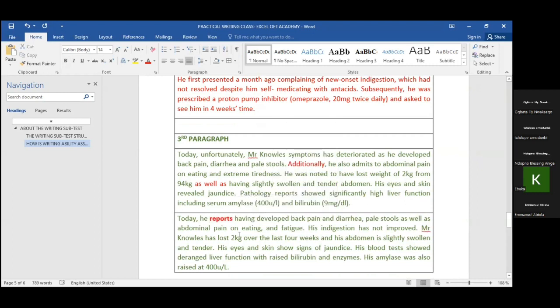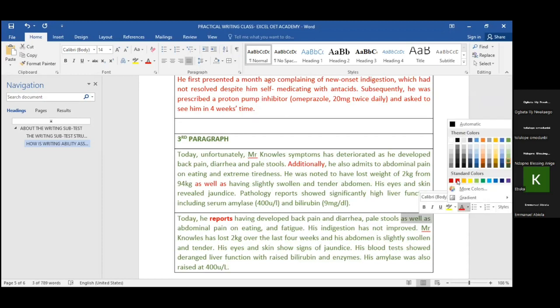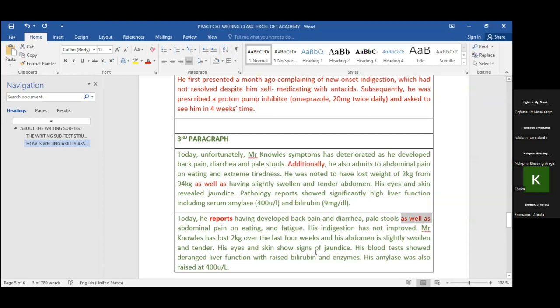Today, comma, another way of writing it, he reports having developed back pain and diarrhea, comma, pale stools. As well as, you can see, I'm using as well as. So as I say, as well as is one of the good ways of connecting your words. Okay? So that you don't be putting comma, comma, comma everywhere. So I said, as well as abdominal pain on eating and fatigue.